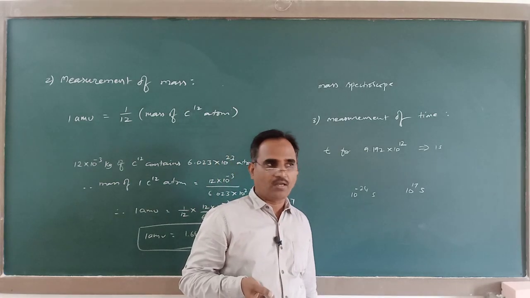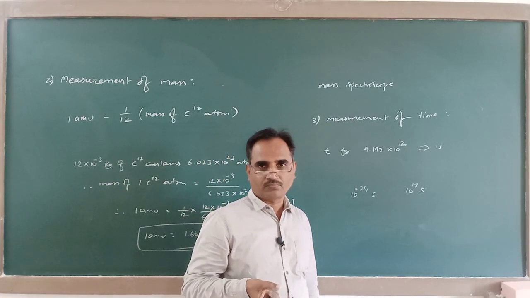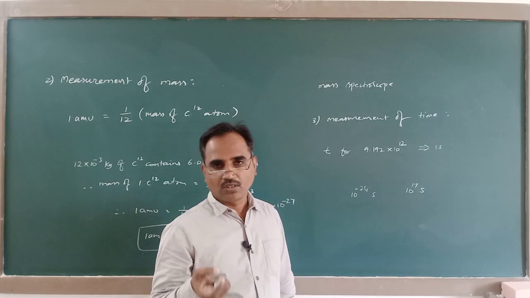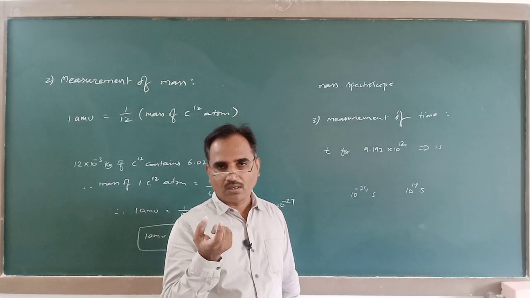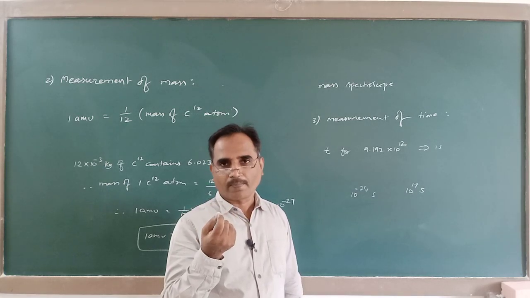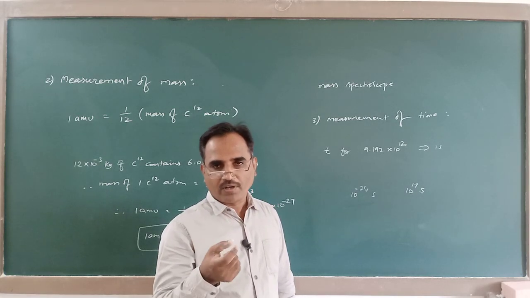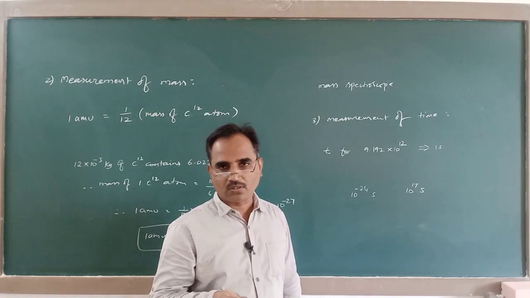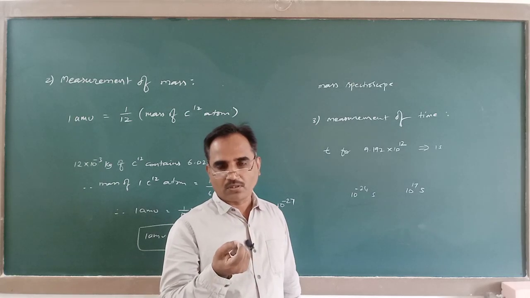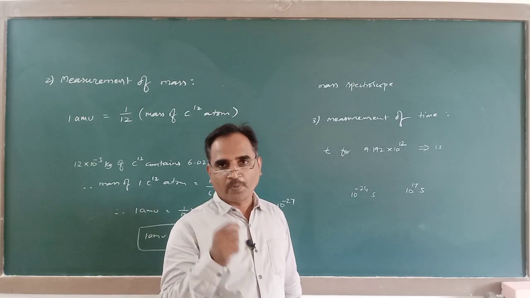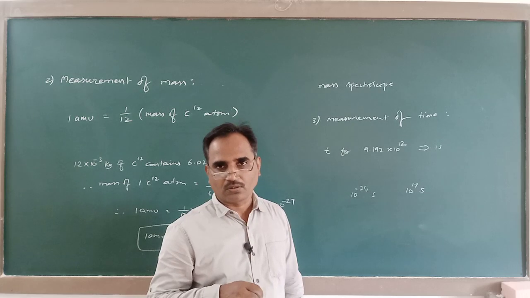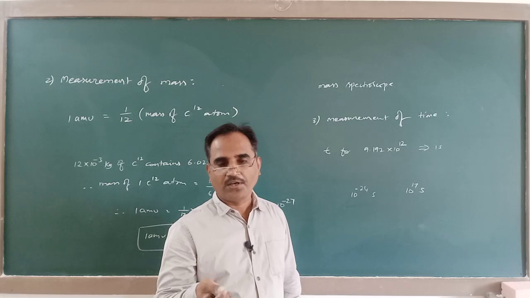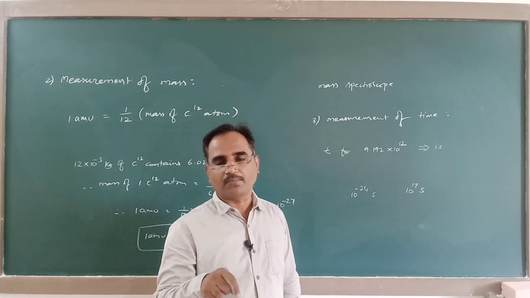For example, take a quartz oscillator. We wear quartz watches. Inside there is a quartz crystal. When you apply a suitable potential difference, it makes oscillations, vibrations. These vibrations are used to measure time in your watch. So any event which takes place at regular intervals can be used to measure time.